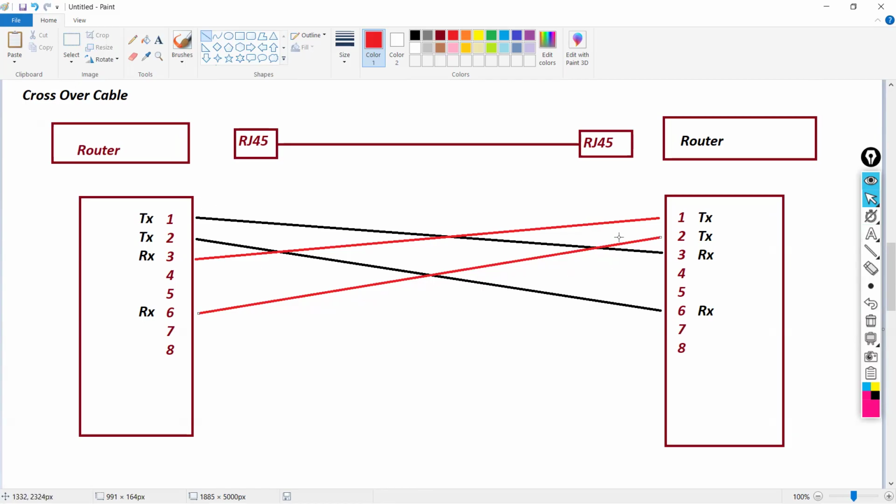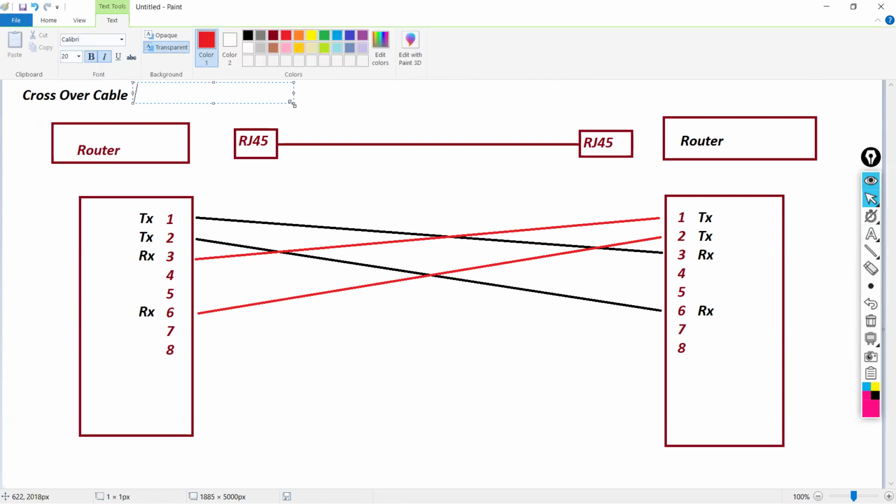Do you see? These are crossing. This is crossover. Is it clear? So that is why the same type of devices require crossover, and different types of devices require straight through.